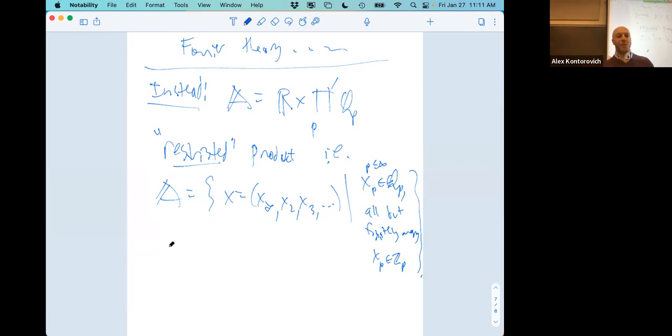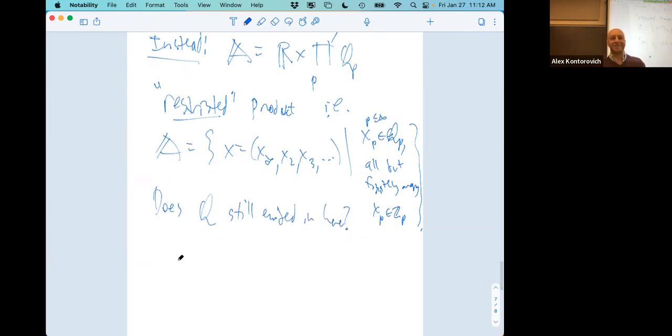By the way, remember our embedding. With this new definition, does Q still embed in here? We changed the definition. Can we still embed Q diagonally? We better be able to. The answer is yes. Why?